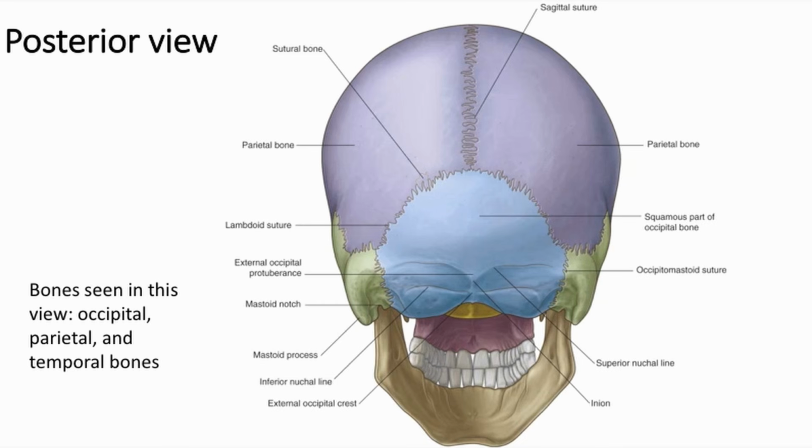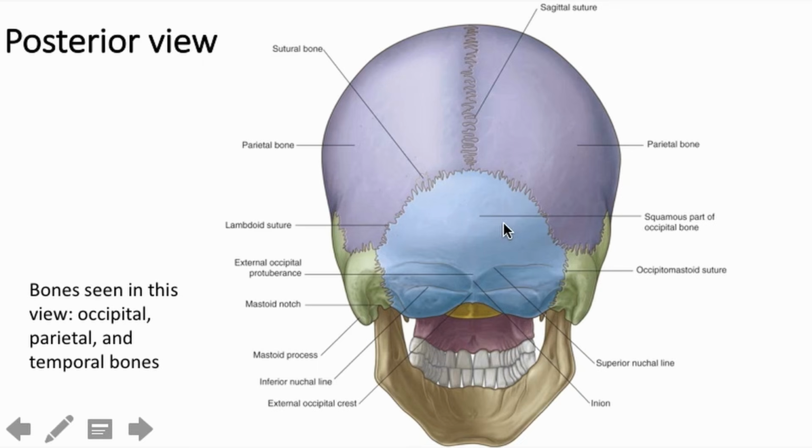On the occipital bone, we have the squamous part of the occipital bone right in here, which is the main structure of this view of the skull. It articulates superiorly with the parietal bones at the lambdoid suture, and laterally with each temporal bone with the occipitomastoid sutures.